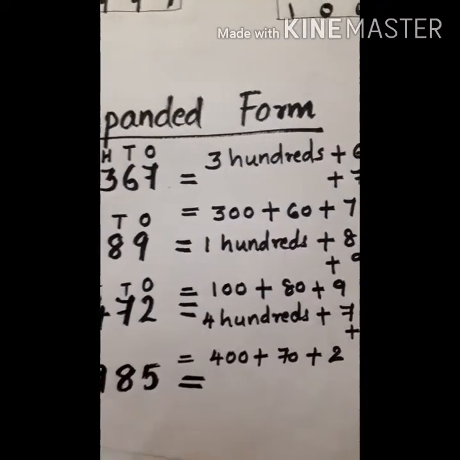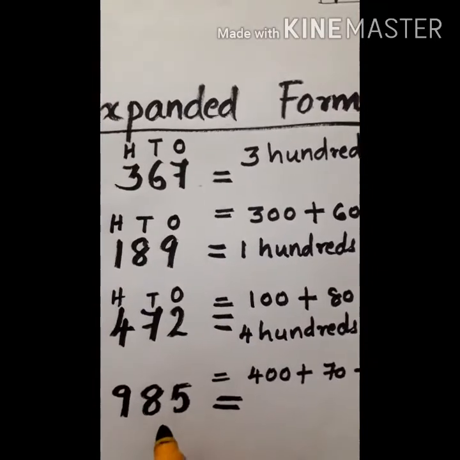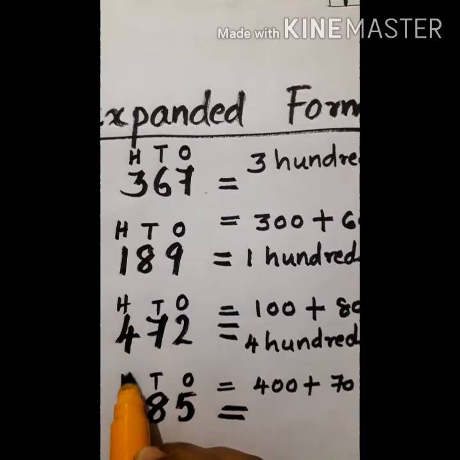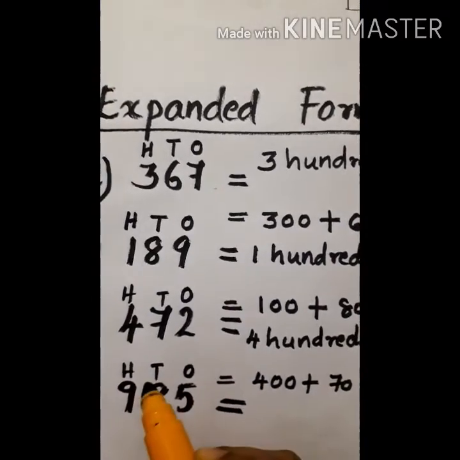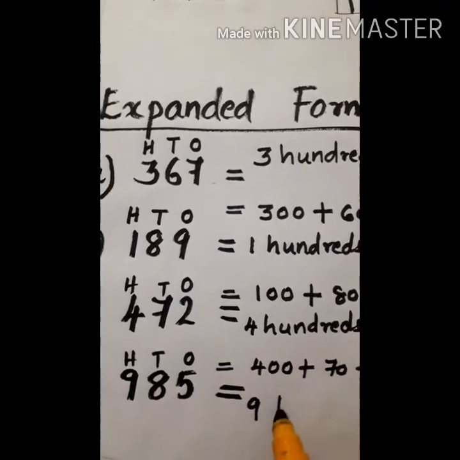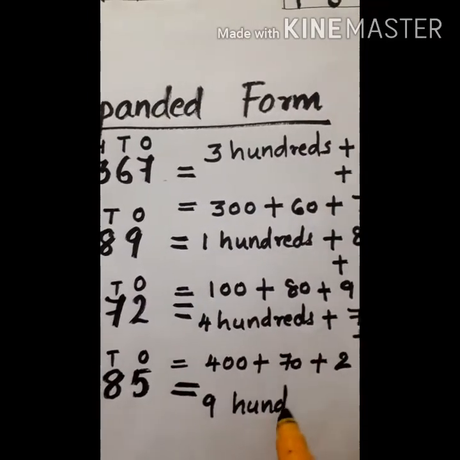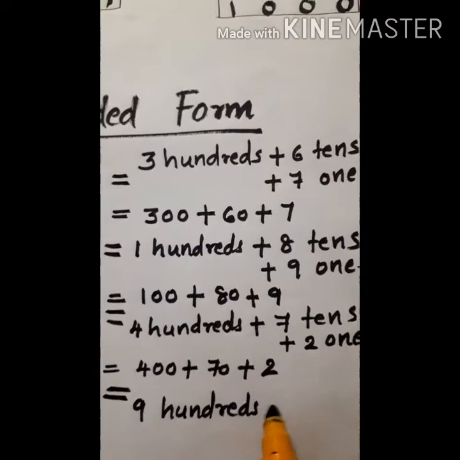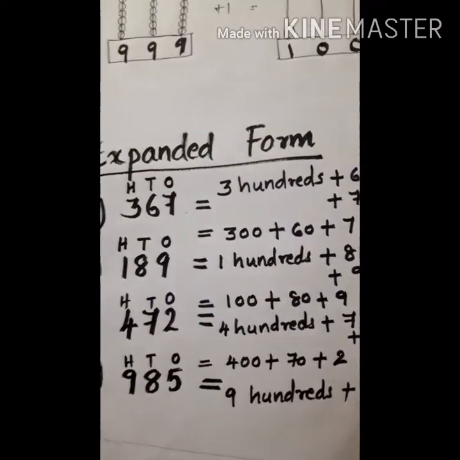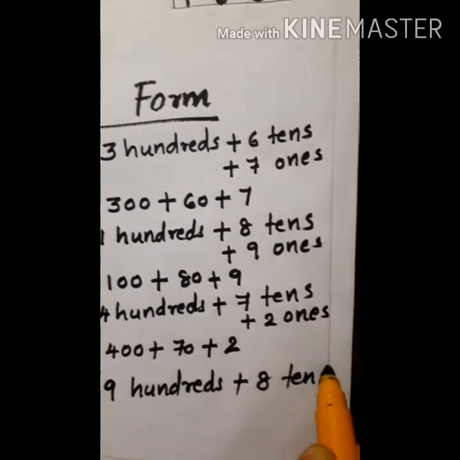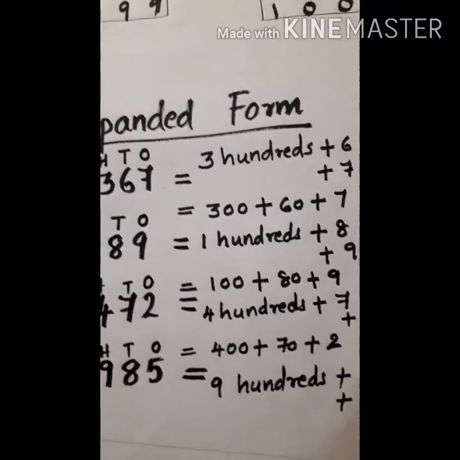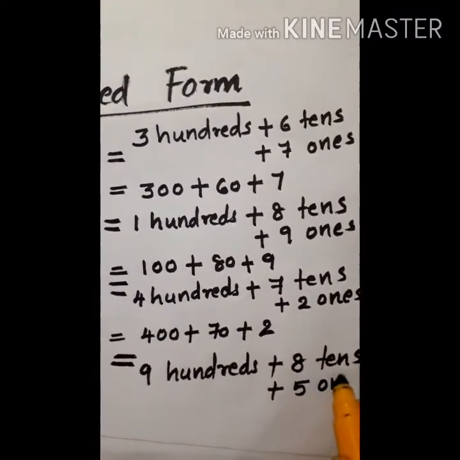Okay, next one, 985. Ones, tens, hundreds. So what number is in hundreds place? 9 hundreds plus what number is in tens place? 8 tens plus what number is in ones place? 5 ones.